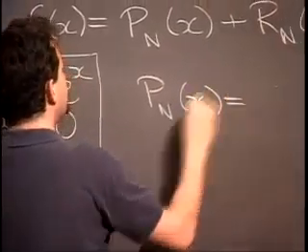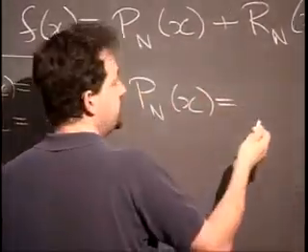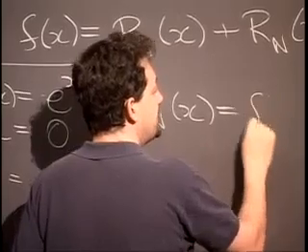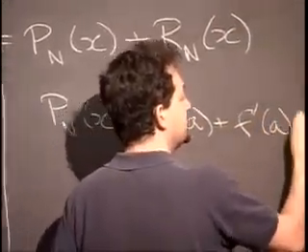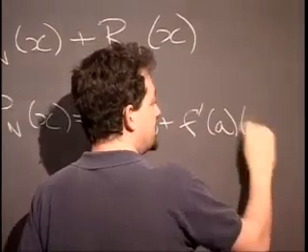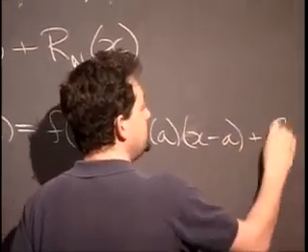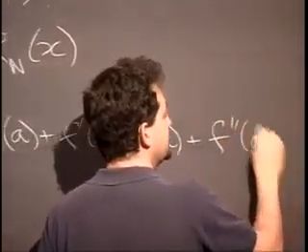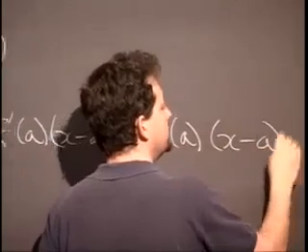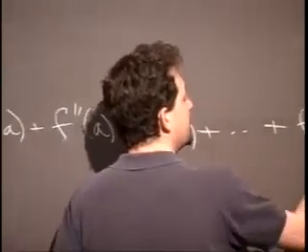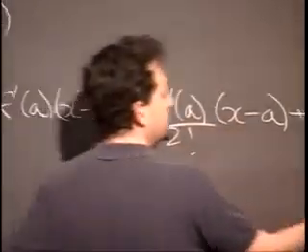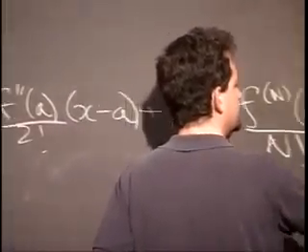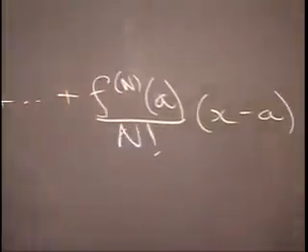Well, by the formula that I wrote on the previous board, it looks like f of a plus f prime of a times x minus a plus f double prime of a. This is a very useful formula. And so on until we get up to the nth derivative at a. And don't forget to divide by the factorials. Okay, that's true in general.